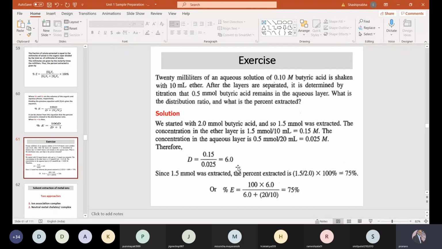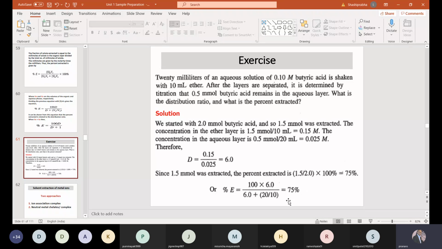So we know that the D value is 6 for butyric acid distributed between the aqueous phase and the organic phase. Now, percentage extraction is 100 times D divided by D plus the aqueous phase volume divided by the organic phase volume. The aqueous phase was 20 and the organic phase was 10, so this comes out to be 75%.